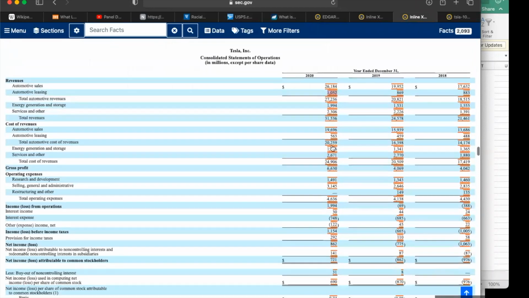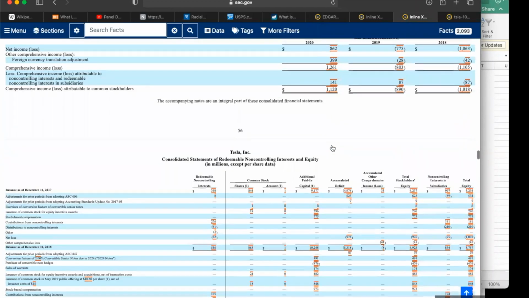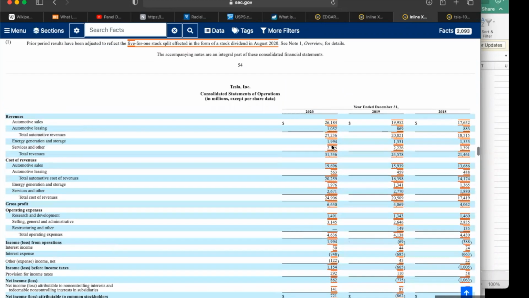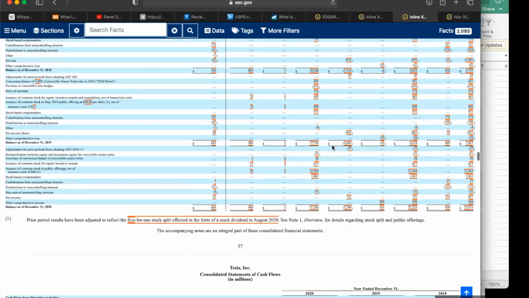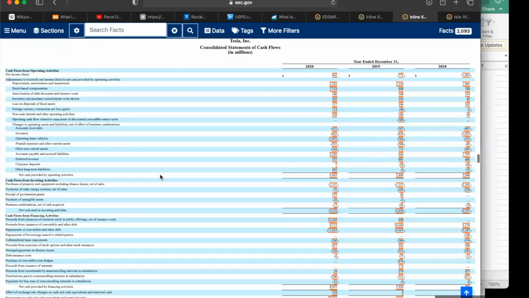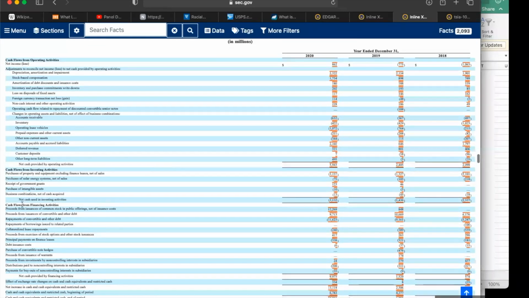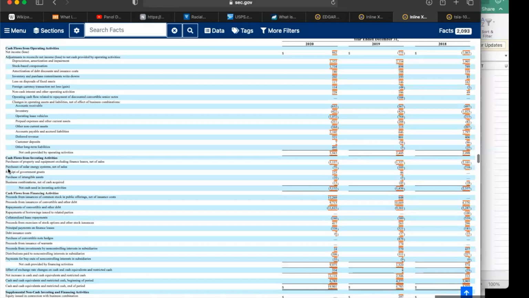This is from their most current balance sheet statement, just to give a sense. Purchases of solar energy, right there.